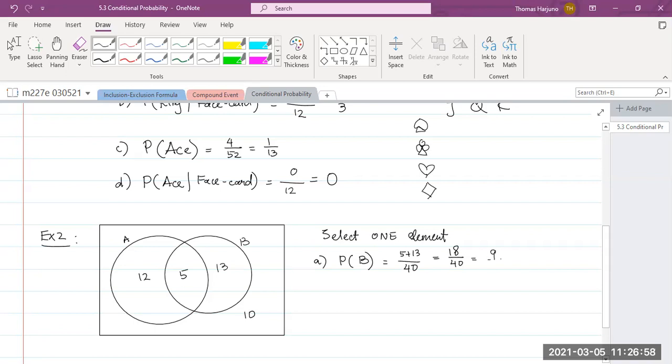That's 9 over 20 when I reduce that, but at least you know how you get that 18 over 40. Now, the result will be different if I ask, what is the probability that it is a B, knowing that it's also in A?